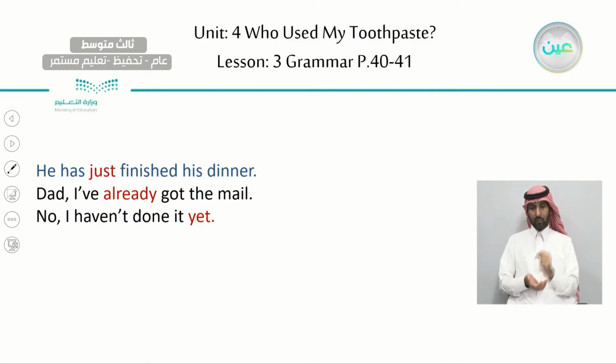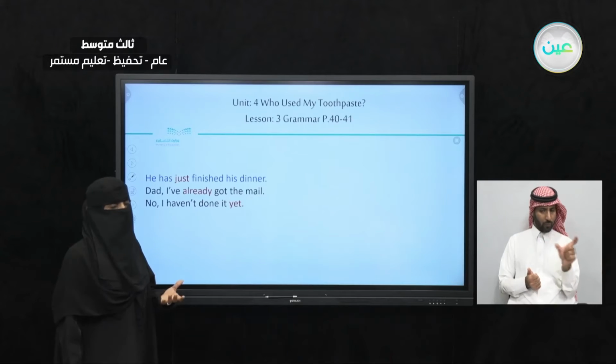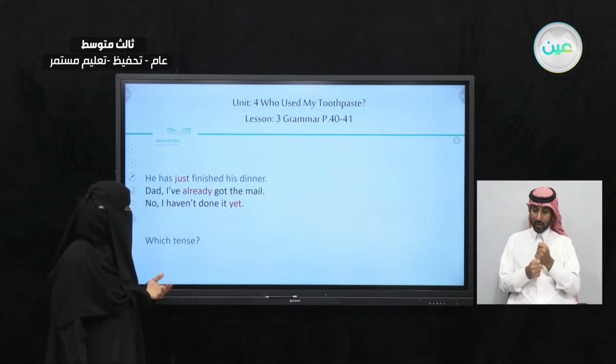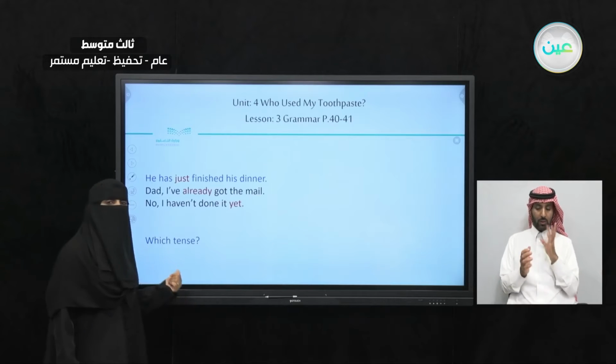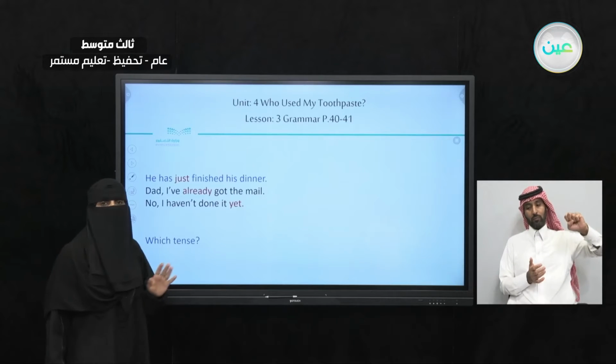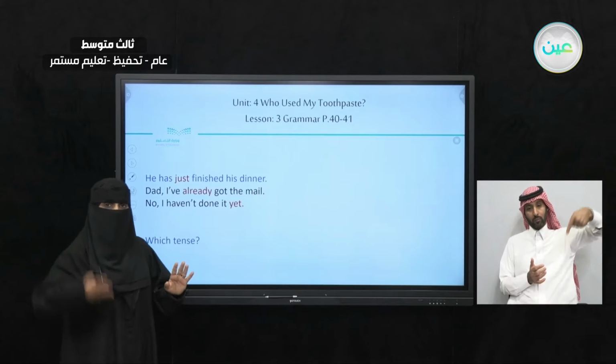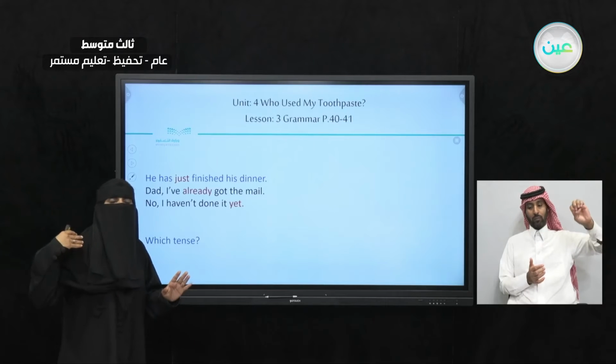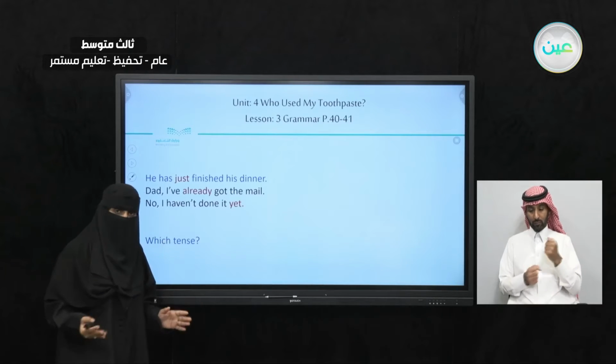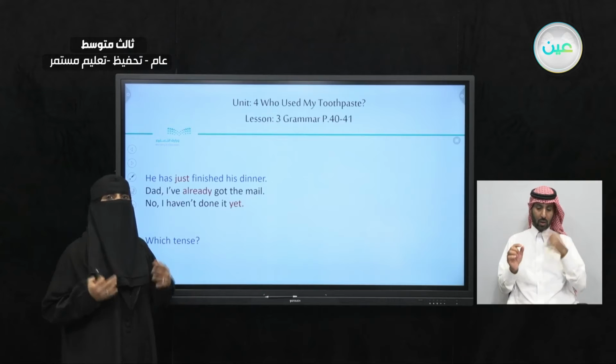Looking at these words, just, already, and yet. Also in the objective, we said we will use a certain tense. Did you figure out the tense? Yes, it's present perfect. Present perfect tense is not new for all of us. Previously, we covered that tense when we talked about our experience.